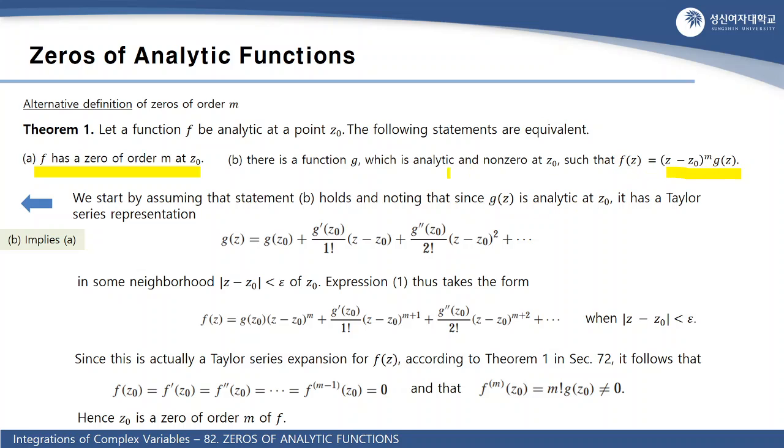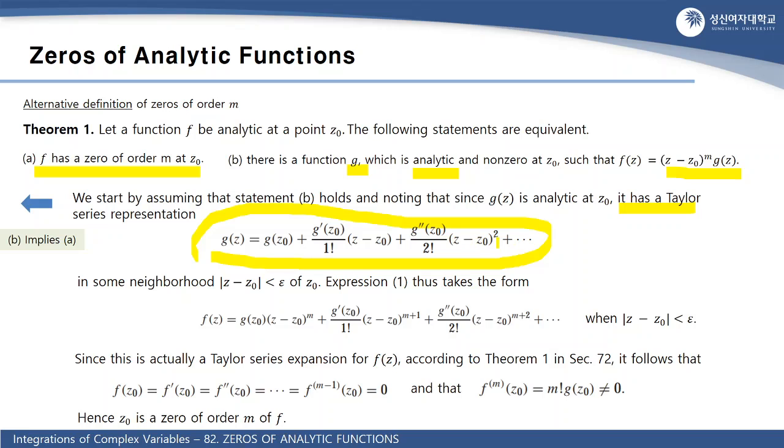Since g is analytic, it has a Taylor series representation like this: g(z) is equal to g(z0) plus g prime of z0 divided by 1 factorial times (z - z0), plus g double prime of z0 divided by 2 factorial times (z - z0) to the power of 2, and so on, in some neighborhood, |z - z0| < epsilon.